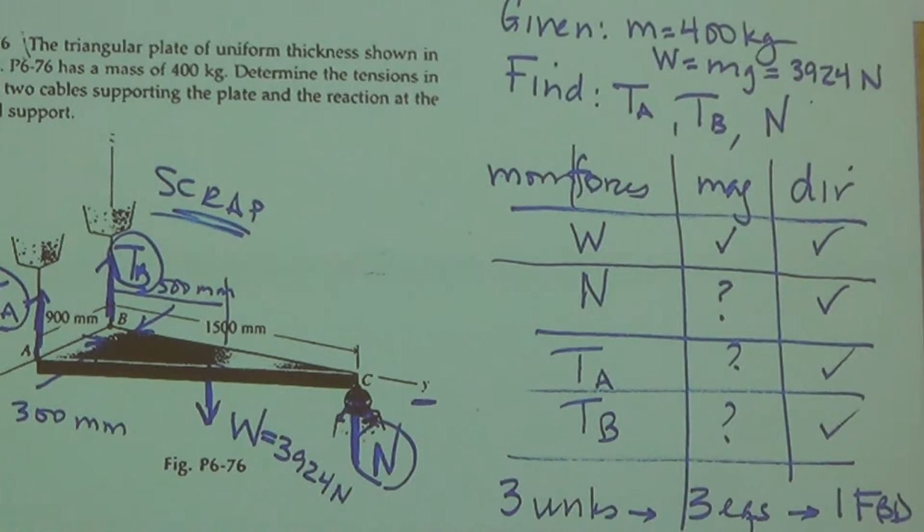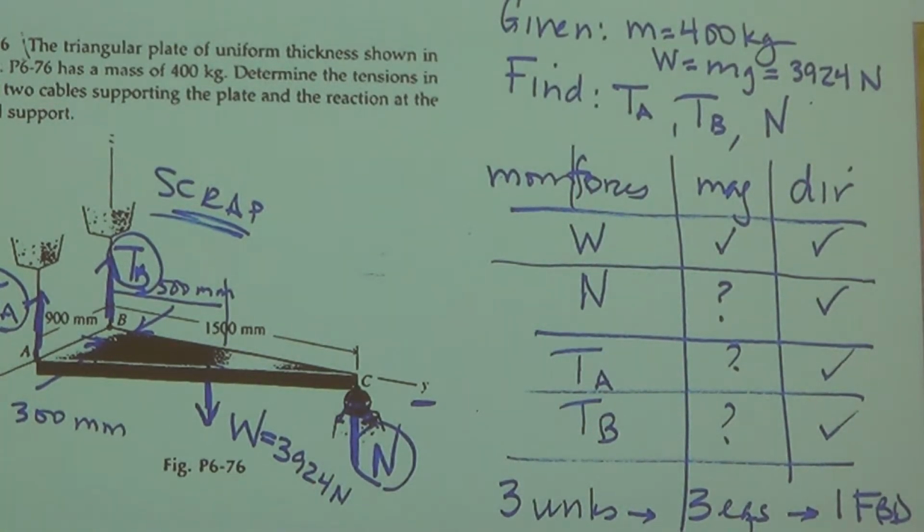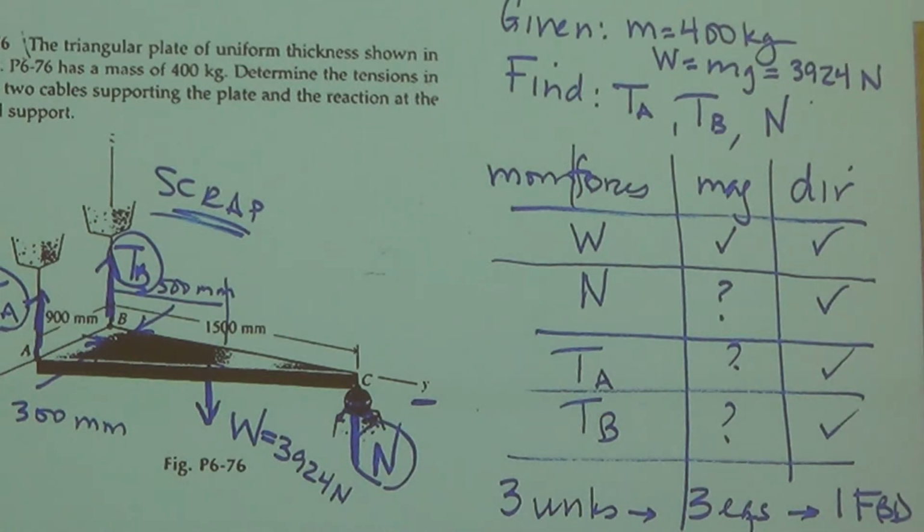So if we did sum of the moments about x, what would we solve for, Eric? Enrique, you have another equation you want to do where there's only one unknown in it? Sum of the moments about the y. That's right. And what would you be able to calculate? TA. Right. Does everybody see that?